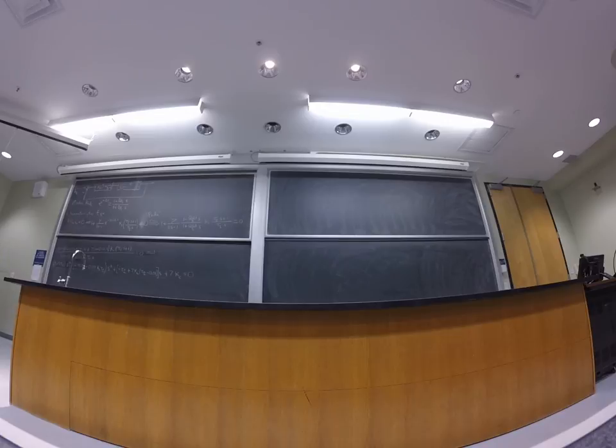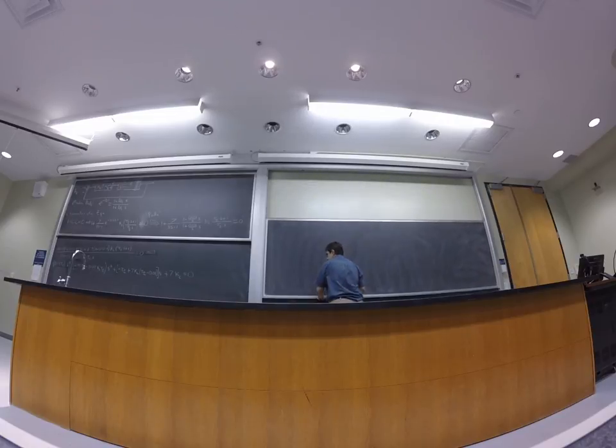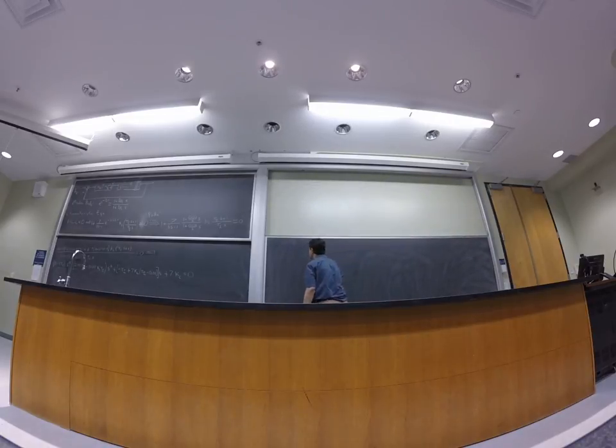Okay, so let's form the Routh array. How many rows will it have? 4 rows. Let me see a hand who will help me form the first row.